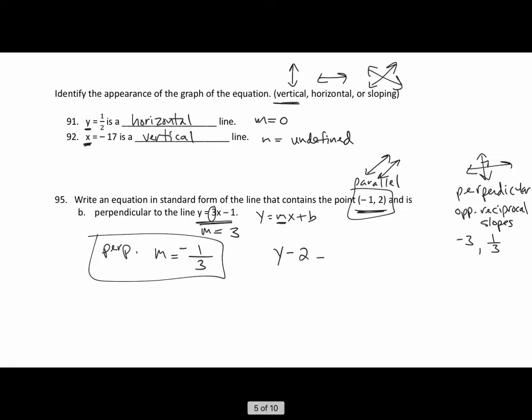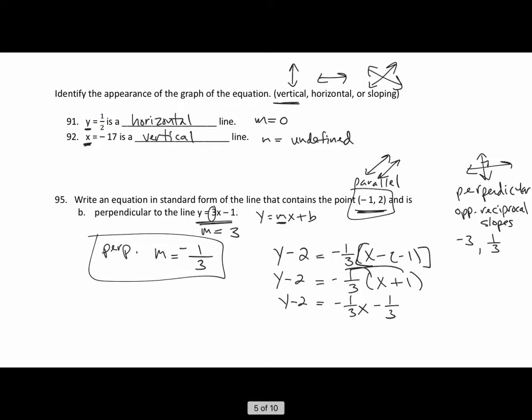Y minus the y coordinate equals the slope times x minus the x coordinate. So then I want to definitely change the x minus -1 to x plus 1 by that general rule. And then go ahead and distribute the -1/3 on the right side. So -1/3 x and -1/3.